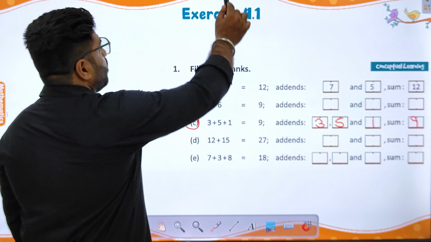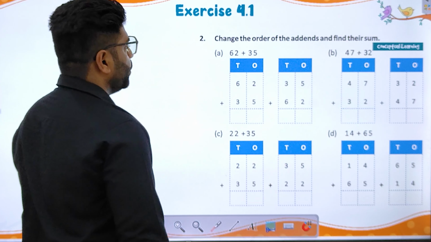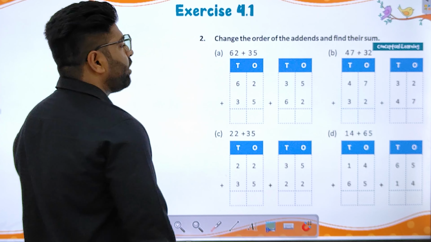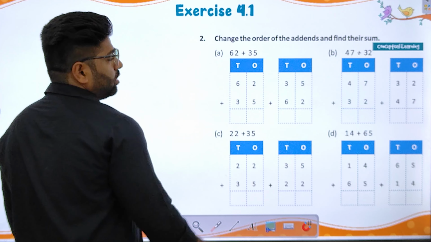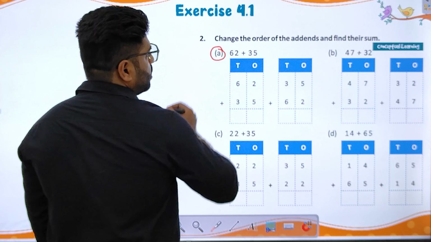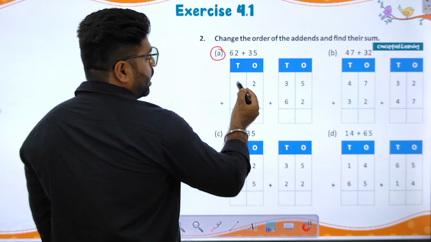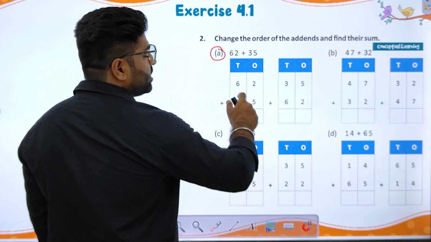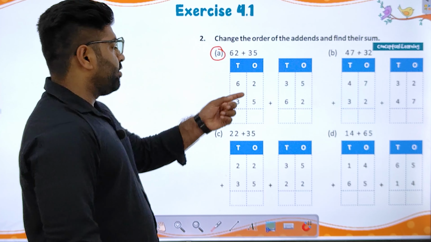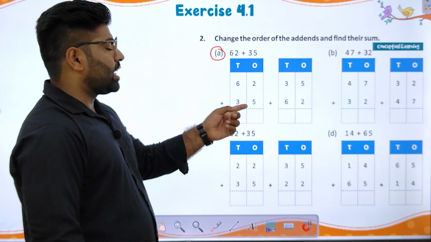Clear? Now move to the next question, that is question number 2. Change the order of addends and find their sum. Let's take question number 2, A part. Here we have 62 plus 35, or 35 plus 62. We have changed the order. Here we have taken 62 as the first number and 35 as the second number.